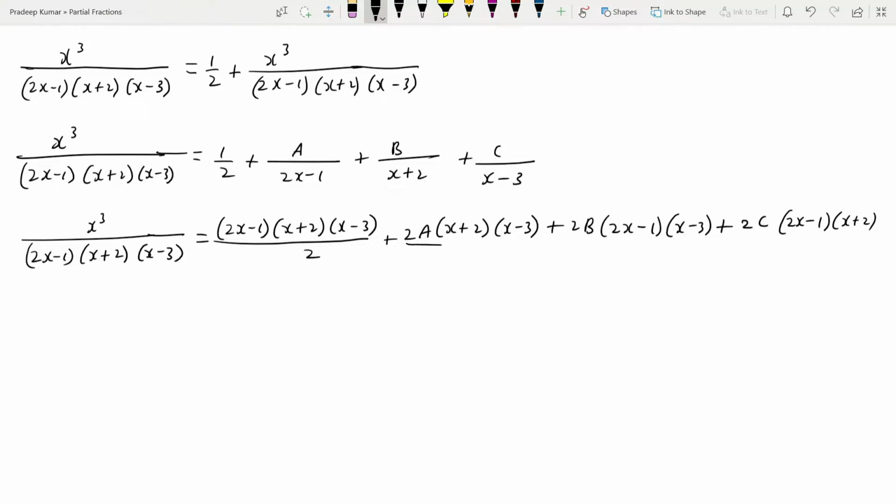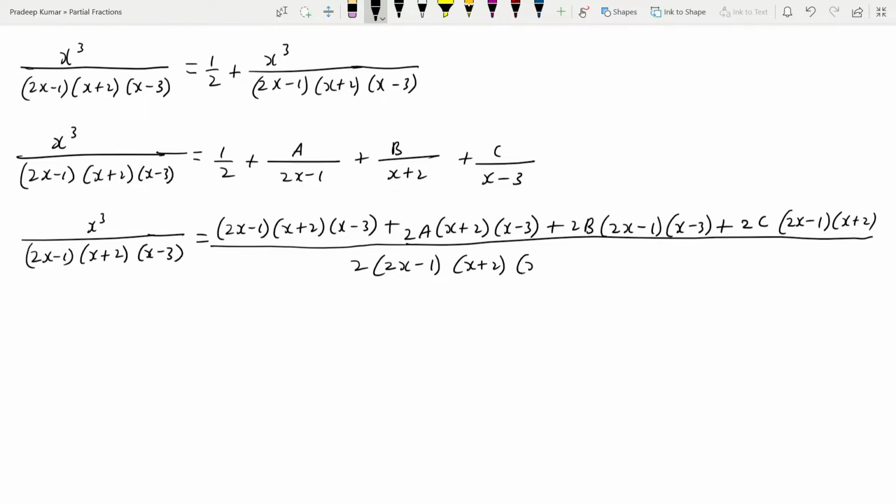This whole is divided by 2 times (2x - 1)(x + 2)(x - 3). We'll do this forward and see what we get. Here 2x - 1, x + 2, and x - 3 can be cancelled.